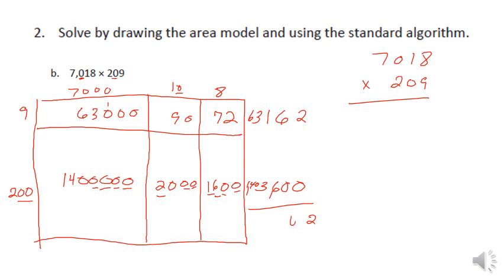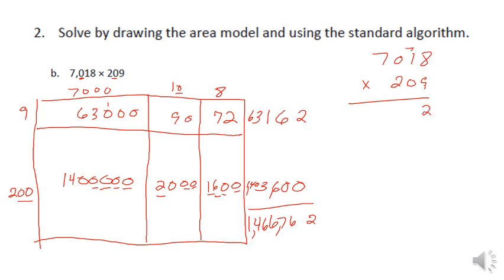When we add these together, we've got 2, 6, 7, 3 and 3 is 6, and we got 6, 4, 1. So we ended up with 1,466,762. Now let's try the standard algorithm, see how it matches.